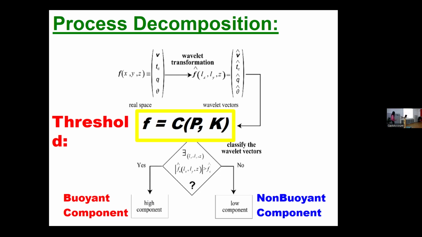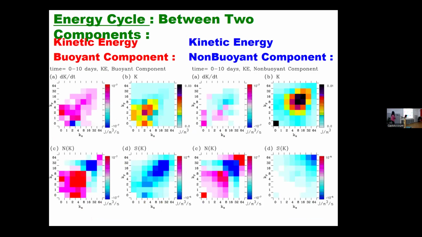So to say, a high component and a low component. And as a specific choice of this threshold variable, we take the conversion rate of potential energy to kinetic energy. So the high component is, so to say, the buoyancy-driven component, and the low component is the non-buoyancy-driven component, and we repeat the energy budget.